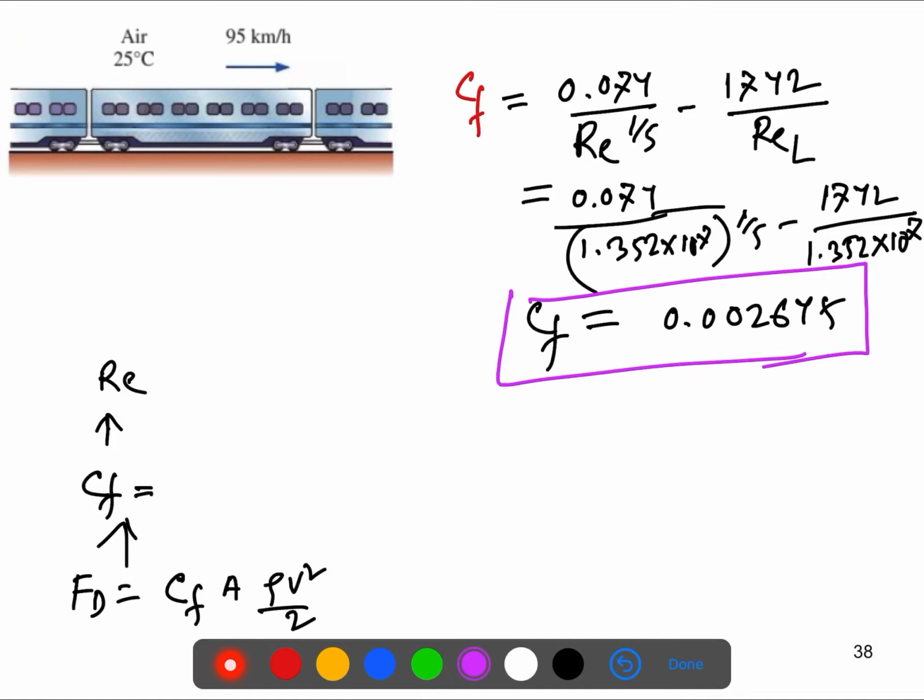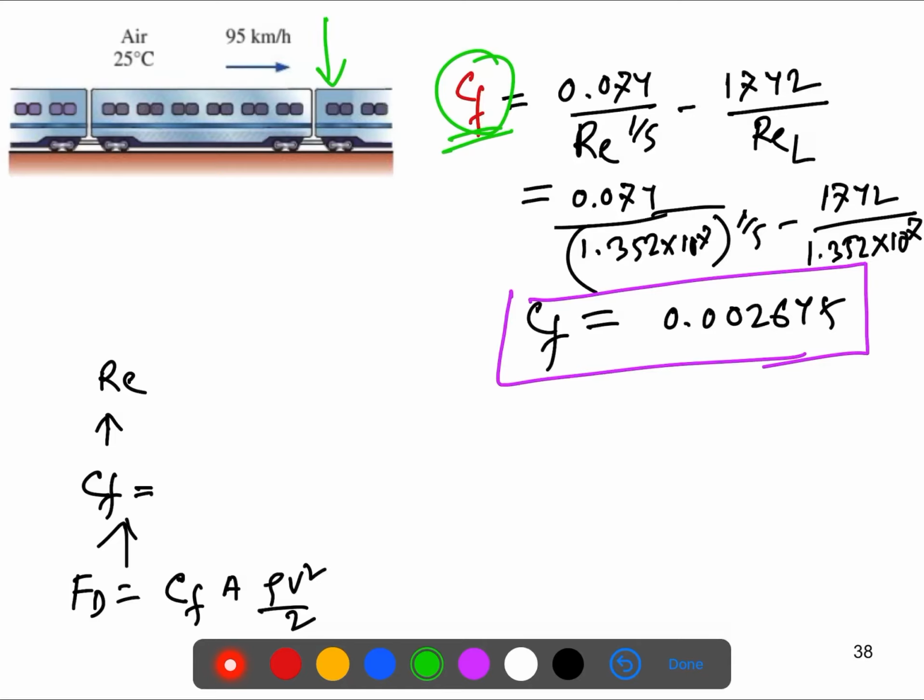Once we have this friction coefficient, we are only considering the friction coefficient, which means the pressure drag here is 0. Because of how the flow works, pressure actually acts this way: the angle theta is 90 degrees, so we can cancel out the pressure drag.